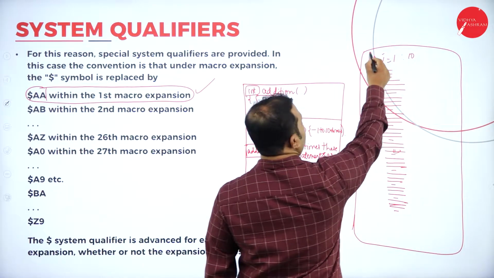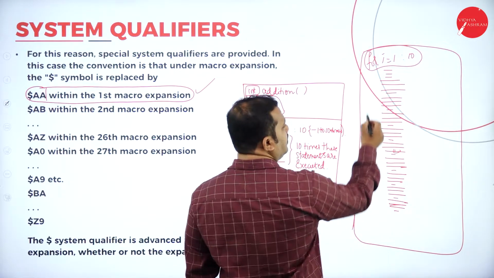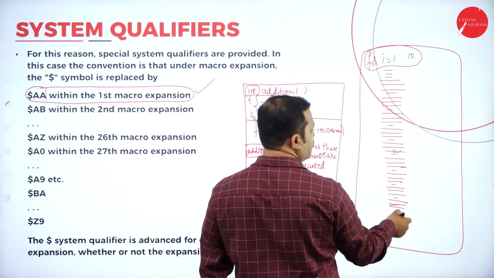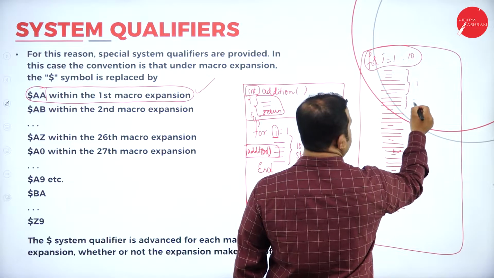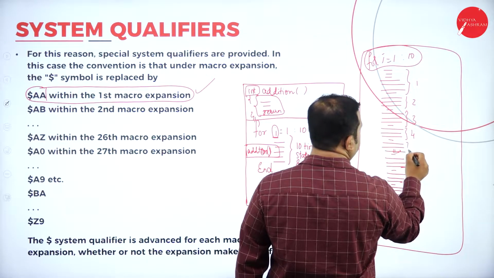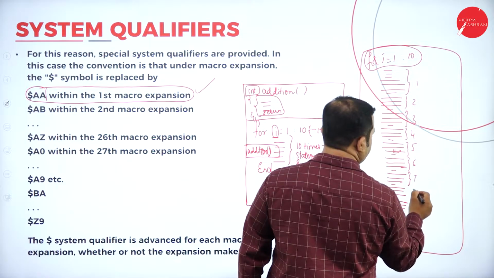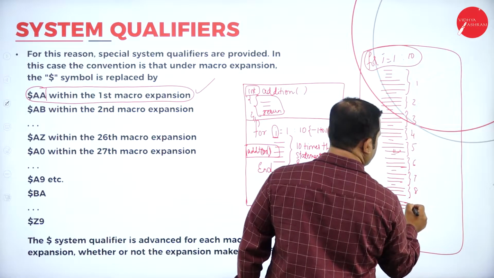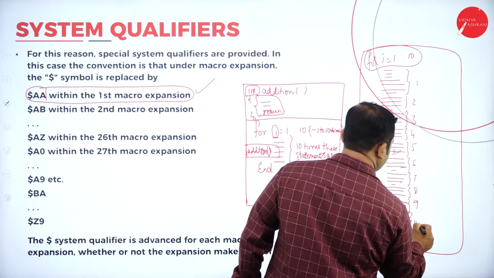So we have the looping statements like this. This is eliminated and the entire thing is placed in place of this. So we have once here, twice here, thrice here, fourth time, fifth time, sixth time, seventh time, eighth time, ninth time, 10th time.